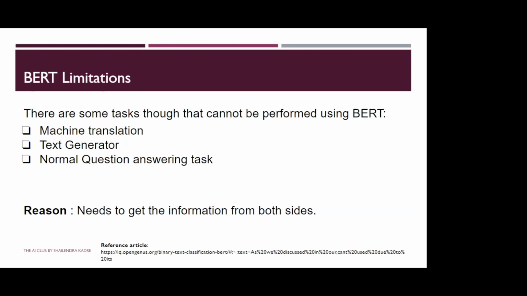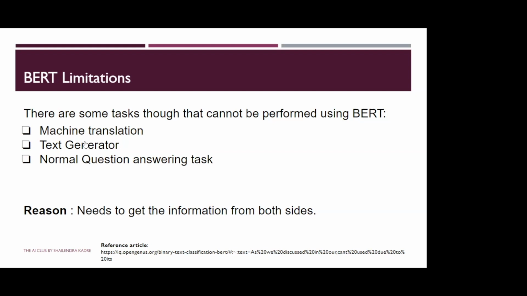That kind of situation is where BERT has limitations. It needs a reference paragraph to actually answer your question. It can do that with a paragraph, but normal question answering cannot be performed using BERT.